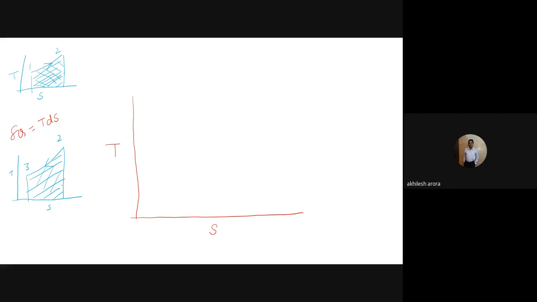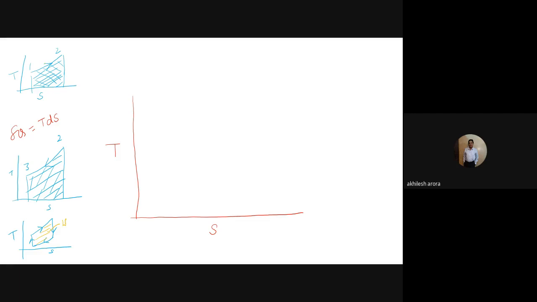And if I have a diagram like a cycle like this one, then I can always say that the area enclosed in this diagram represents the work transfer W. Basically, if I say this is the diagram, then this area represents the heat supplied, so it is positive.